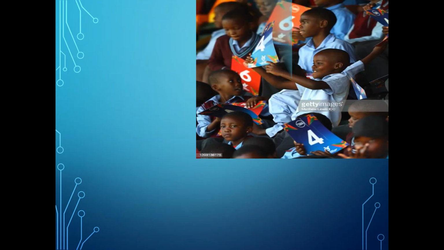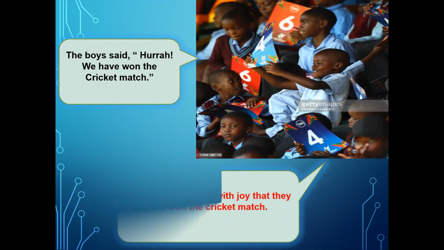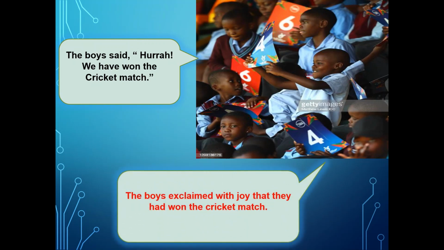One more example. Look at the photo. The boys are very happy. The boy said, "Hurrah, we have won the cricket match." If we change this sentence into indirect speech, the answer will be, the boy exclaimed with joy that they had won the cricket match.